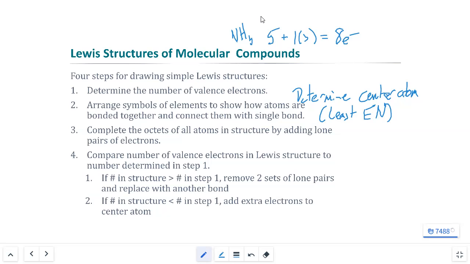Count up all the electrons in that simple structure and compare it to what we calculated in number 1. If they're the same, the structure is good. We don't need to do anything else. If they're not the same, we need to make a modification. One of two things needs to happen. If this number is bigger than what we should have, then we need to add more bonds.